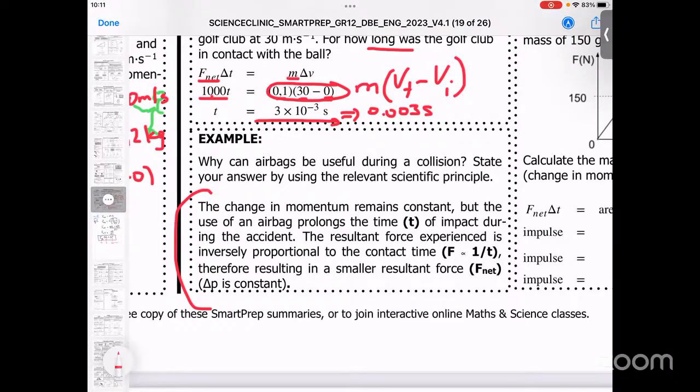So the resultant force experienced is inversely proportional to the contact time, therefore resulting in a smaller resultant force, given that the change in momentum is constant.